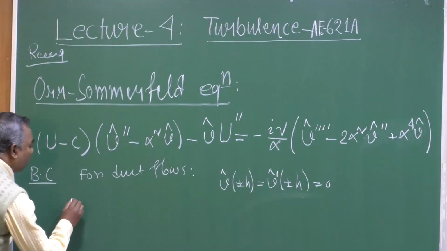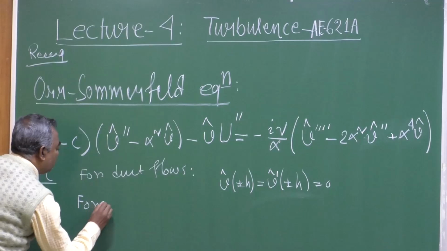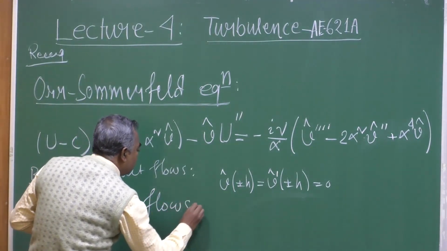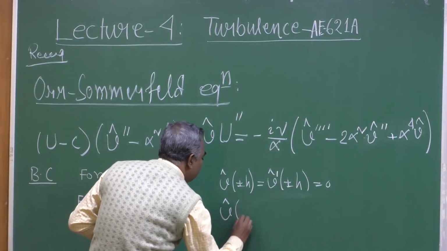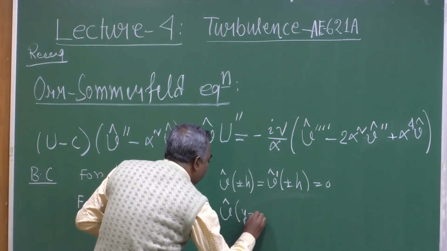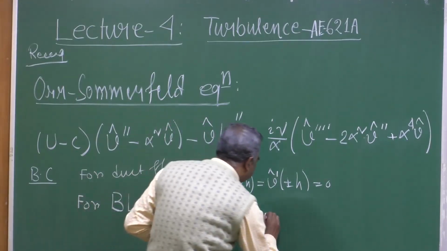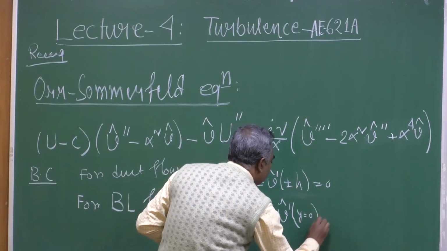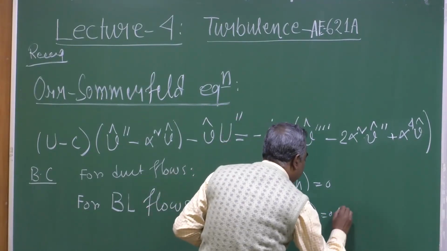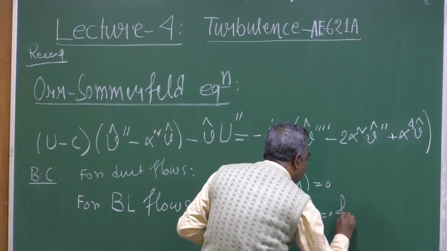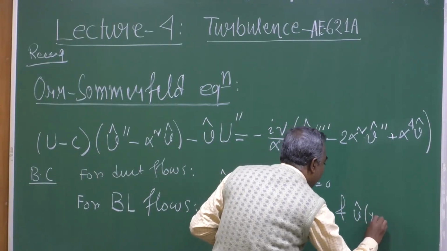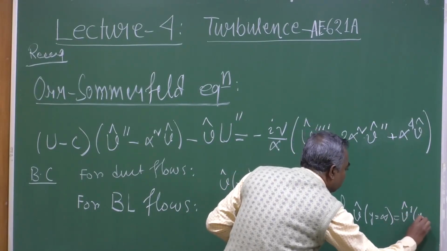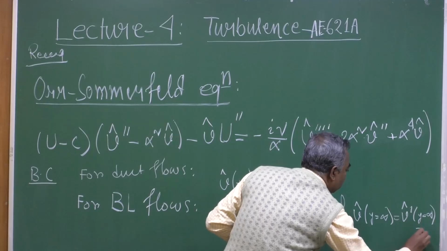And for boundary layer flows, u hat at y is equal to 0, or at the wall, is equal to 0, as well as v hat at y is equal to 0 is equal to 0, and v hat at y is equal to infinity and v hat prime at y is equal to infinity is equal to 0.